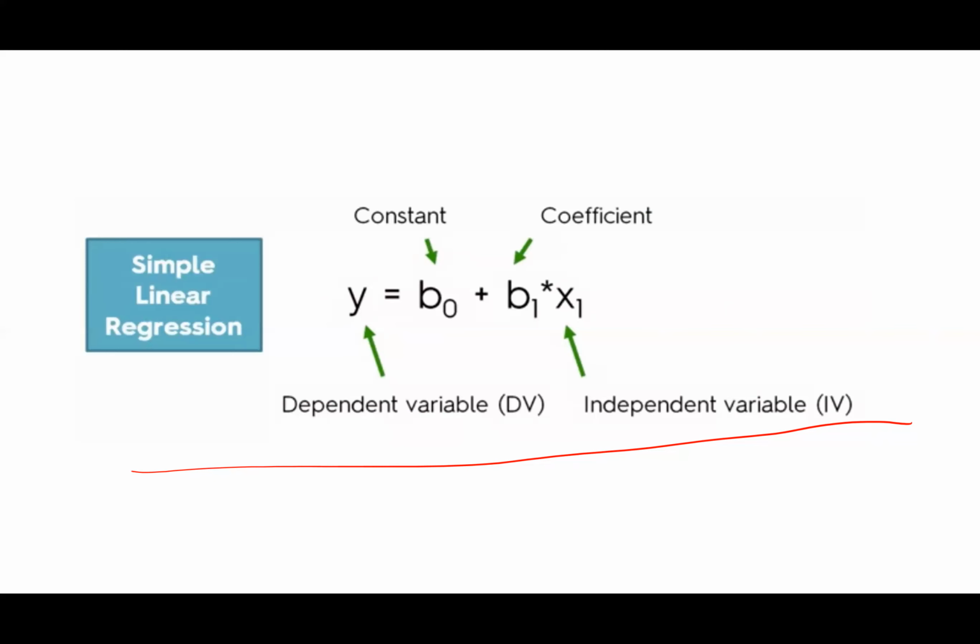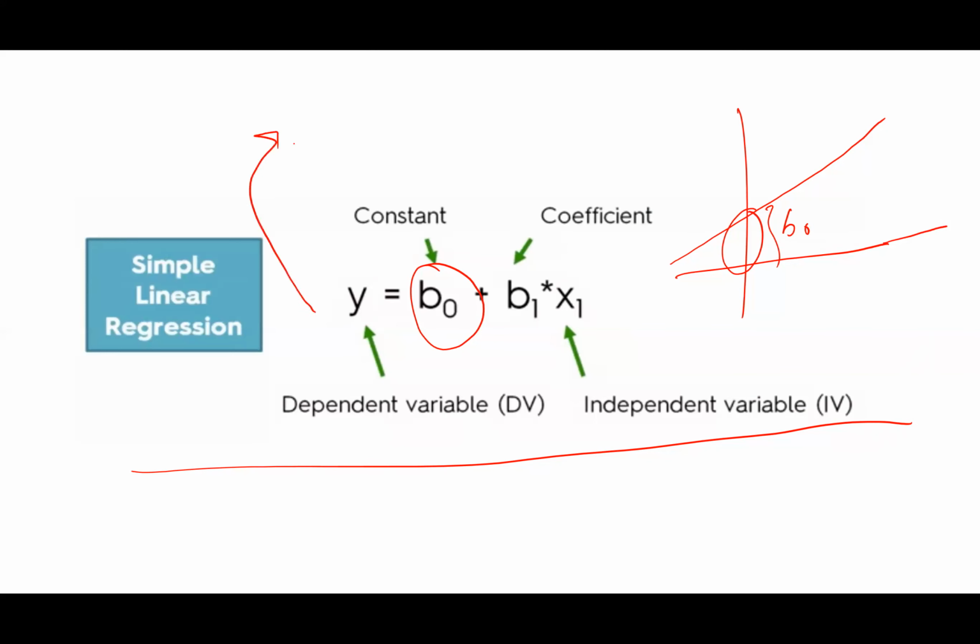Okay, so actually it is there in the next few slides, but just to quickly tell you. b naught is the value where the line passes when x is 0. You can figure out the x-intercept by putting y equal to 0: 0 is equal to b naught plus b1 times x1.